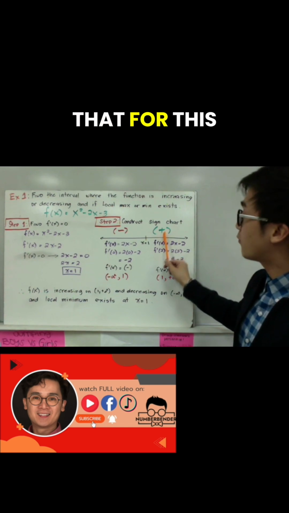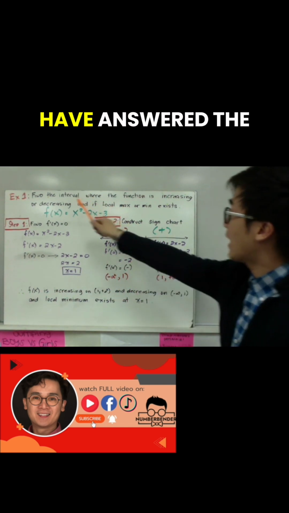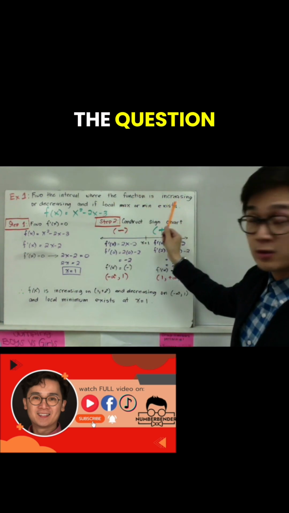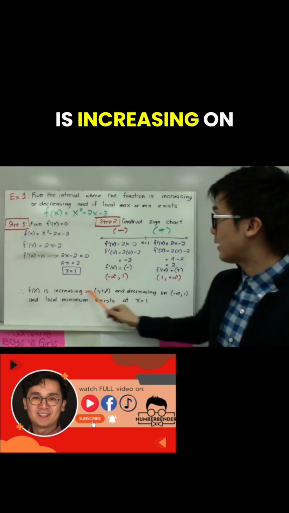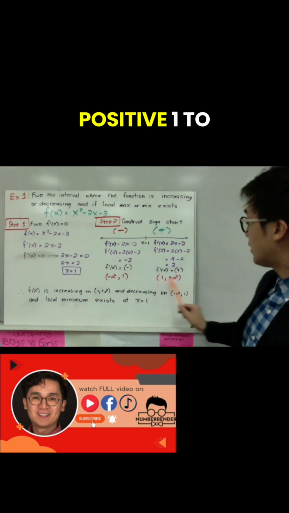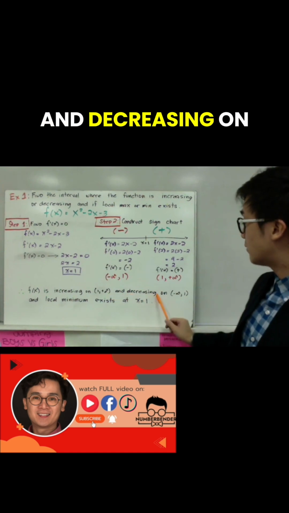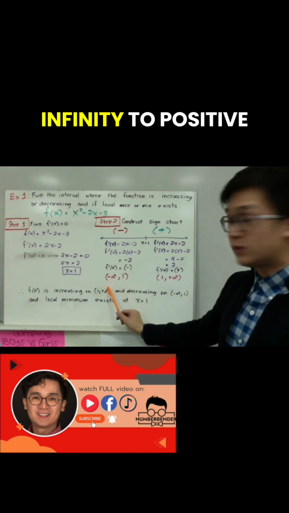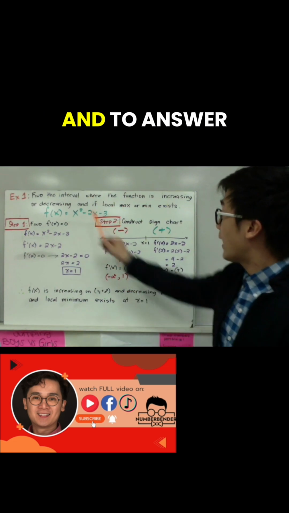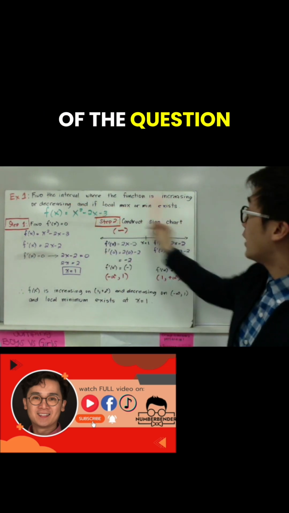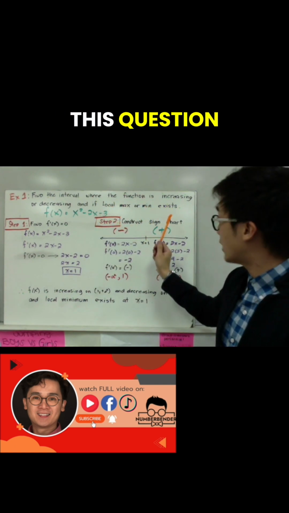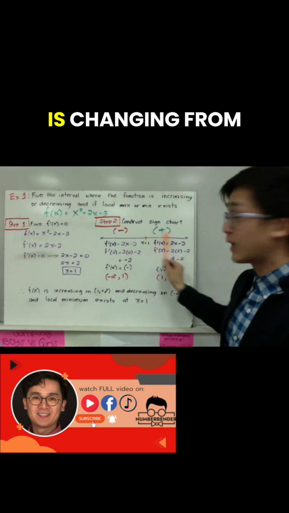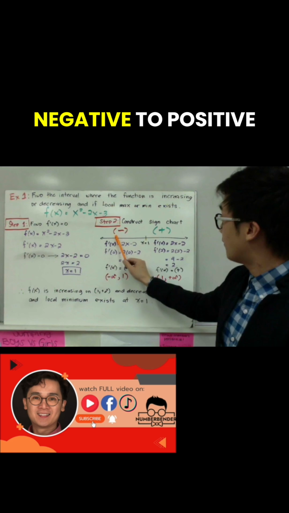So I have answered the first part of the question: the function is increasing on the interval from positive 1 to positive infinity and decreasing on the interval from negative infinity to positive 1. To answer the last part, whether a local maximum or minimum exists, I know that the sign is changing from negative to positive.